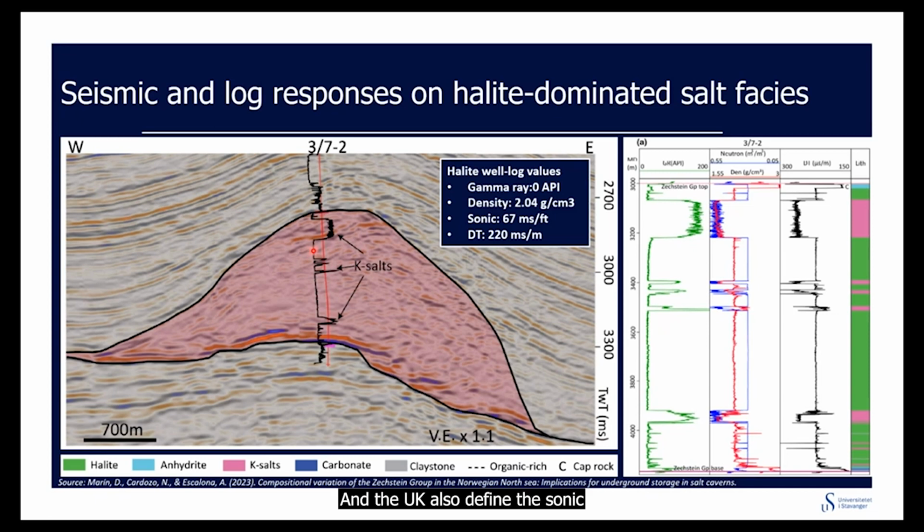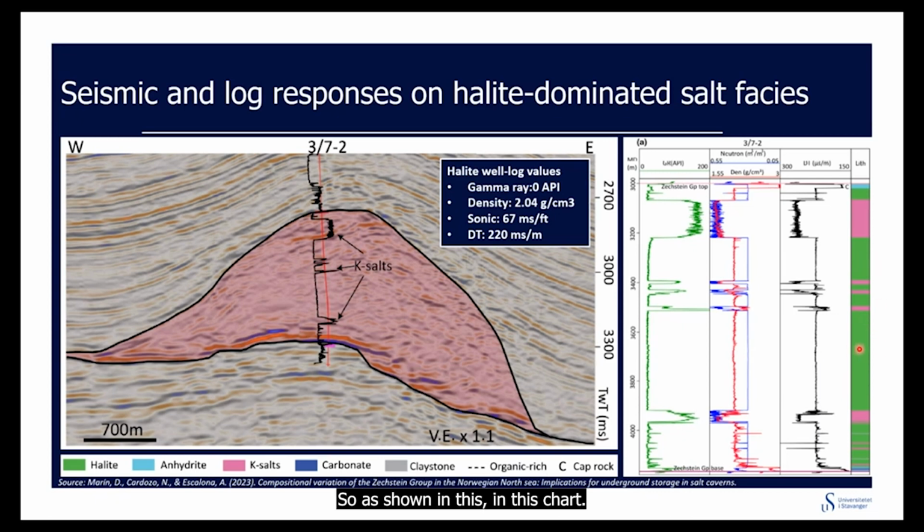You can also define the sonic and DT log responses with these well logs. Based on these well log expressions, it allows us to interpret where these halide-dominated salt structures are.